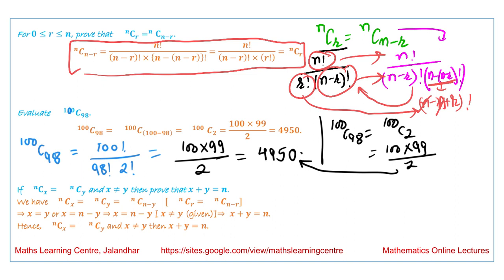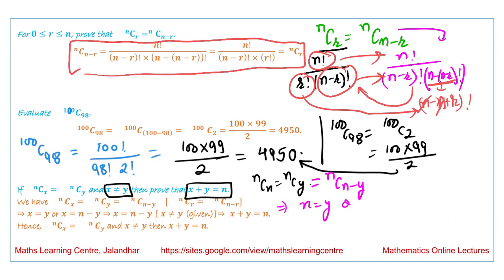Next is, if nCx is equal to nCy and x is not equal to y, we have to prove that x plus y is equal to n. So by using this result, we can write this is equal to nC(n minus y). So what we obtain from this is that x is equal to y or x is equal to n minus y.